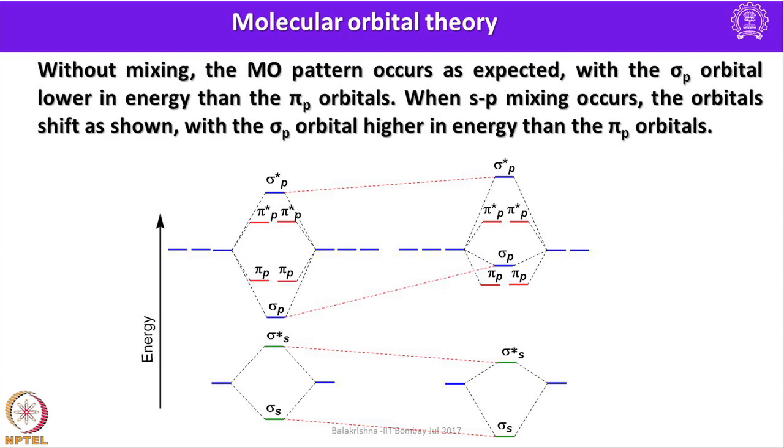With this, let me write the MO diagram for the water molecule. In water we have 2 hydrogens having a 1s electron each, combining with oxygen to form 2 OH bonds. From VSEPR theory as well as valence bond theory, we know that oxygen in water is tetrahedral with 2 lone pairs and 2 bonded pairs, and the shape of the water molecule is bent or V shape.